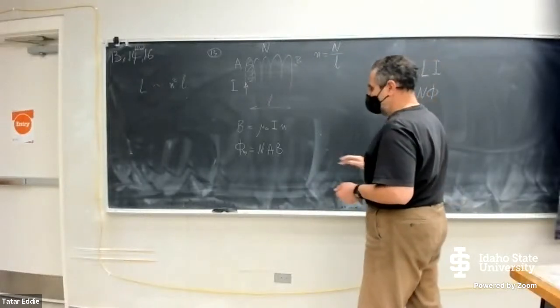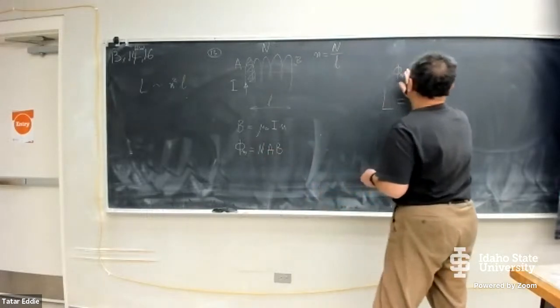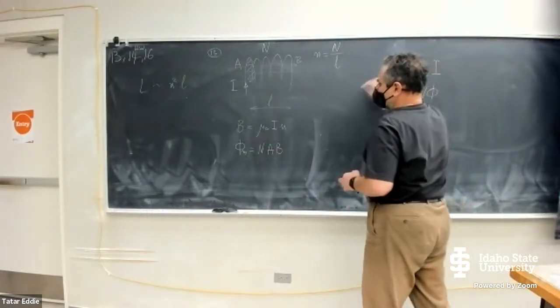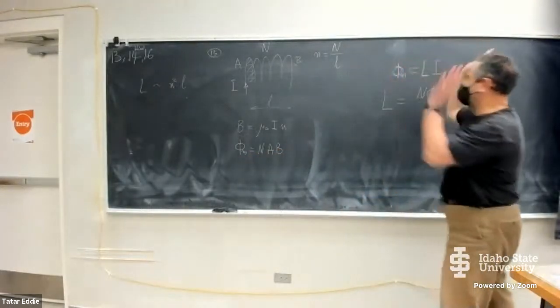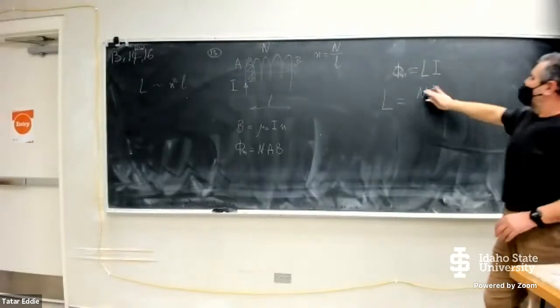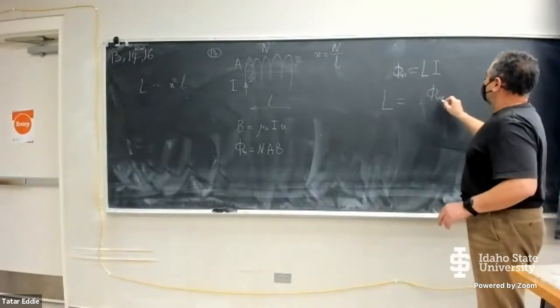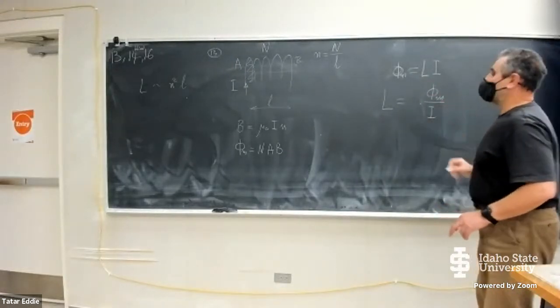Well, I messed up the notations. Since I introduced total magnetic flux, N is already here, so I don't need to write it anymore. So the total magnetic flux divided by the current is going to be your inductance.